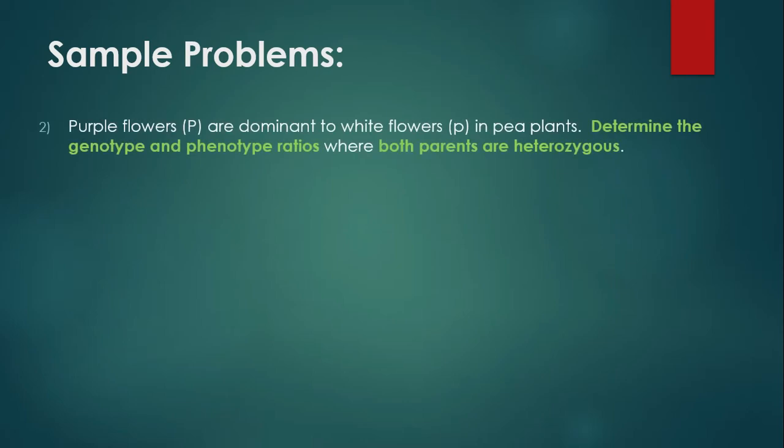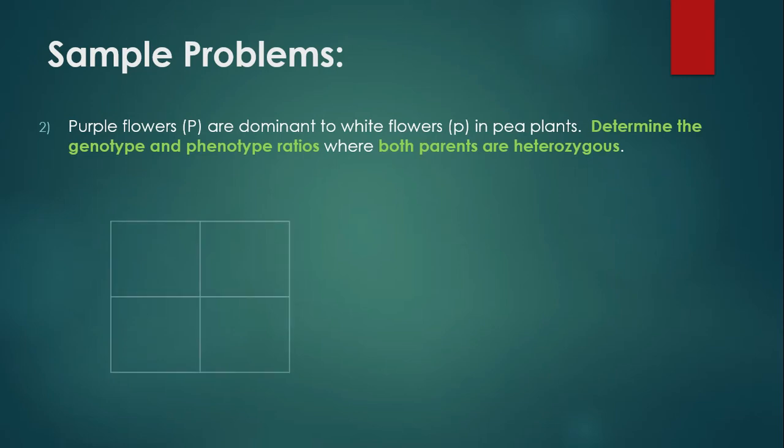It says that purple flowers, expressed in capital letter P, are dominant to white flowers, small letter p, in pea plants. Now we are asked to determine the genotype and phenotype ratios for both parents. Take note, both parents are heterozygous.